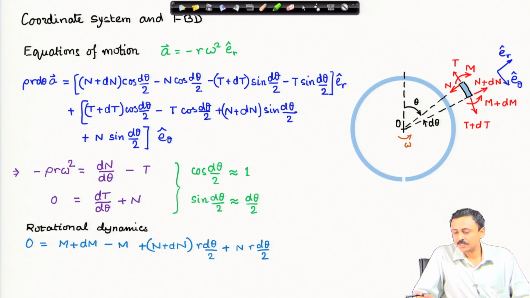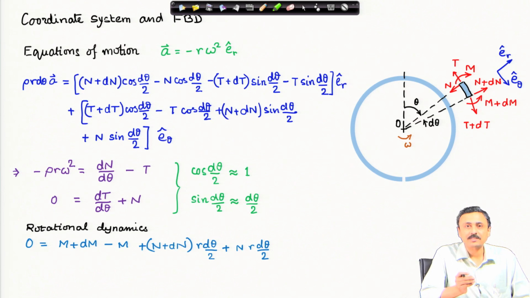Rotational dynamics equation: this element is a very small element and its angular acceleration is 0. Why is its angular acceleration 0? Because the ring is rotating at a constant angular velocity.